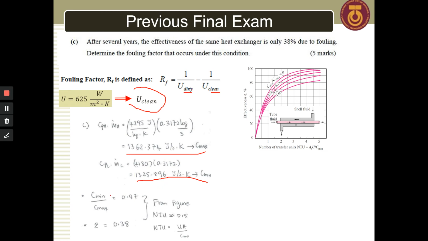So the ratio is almost 1, or 0.97, and the effectiveness is 0.38. So we can just draw like this.